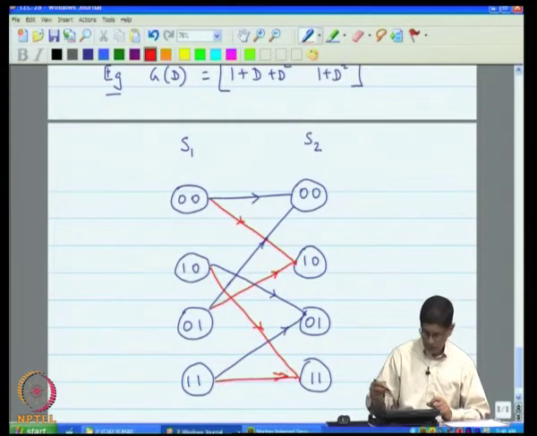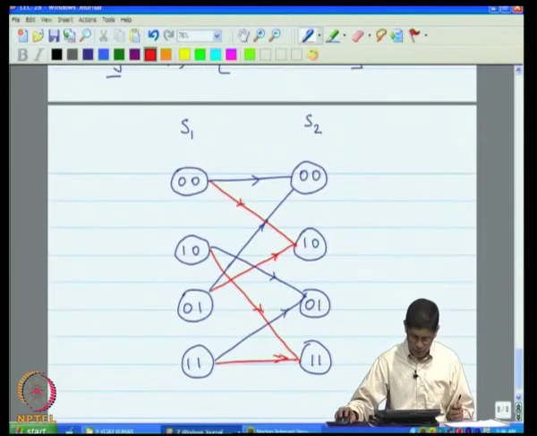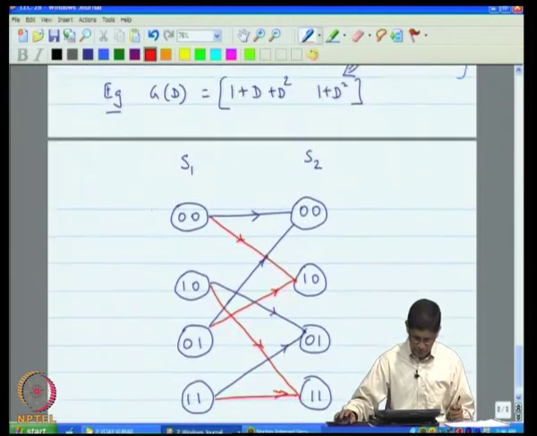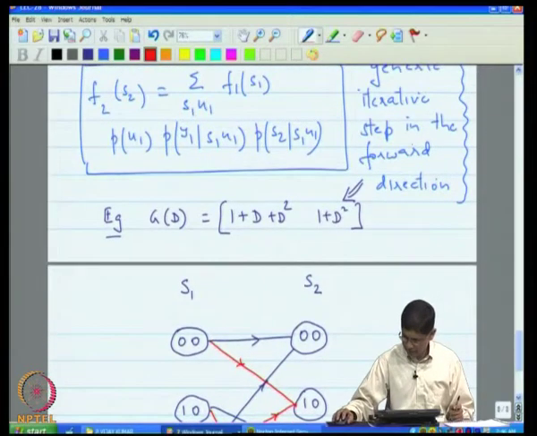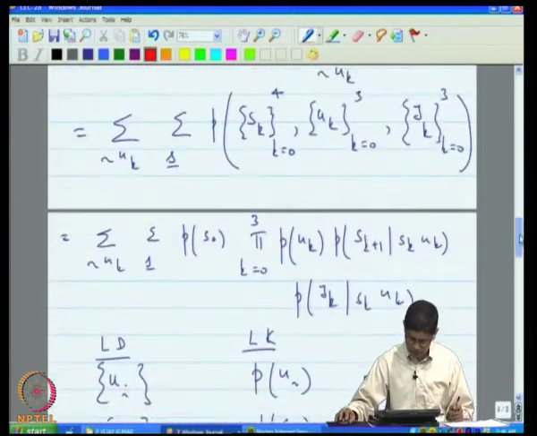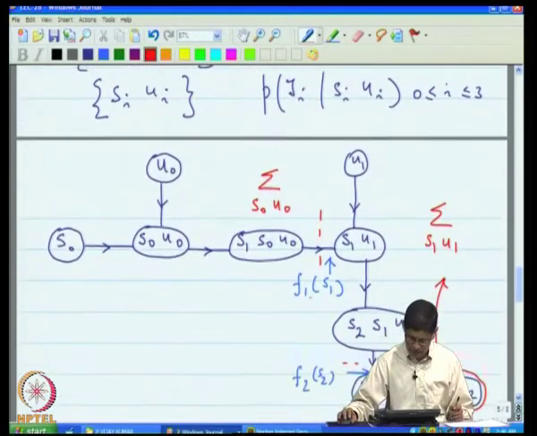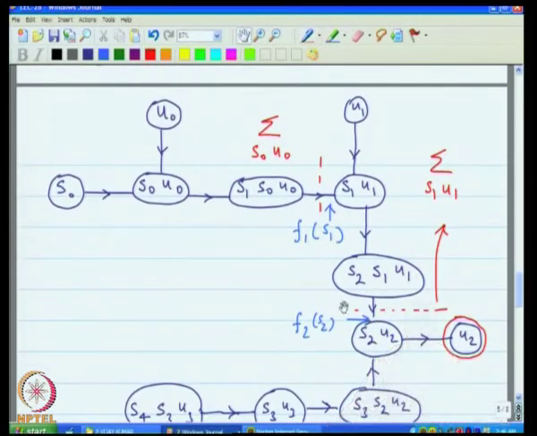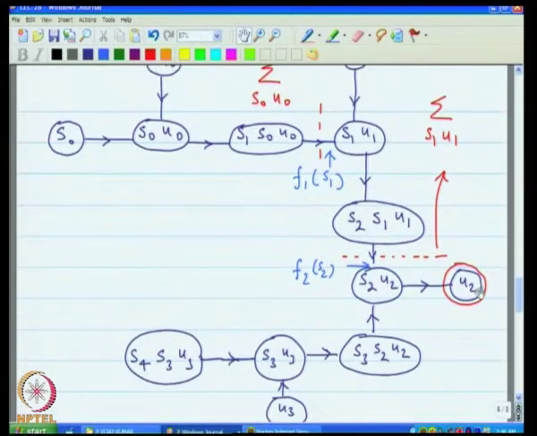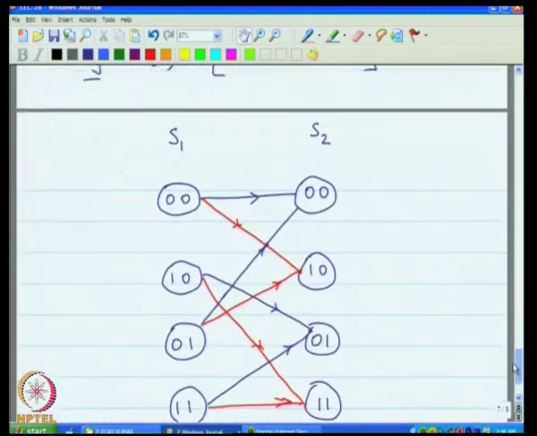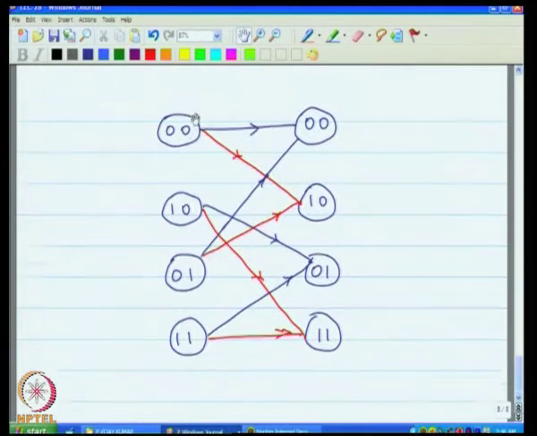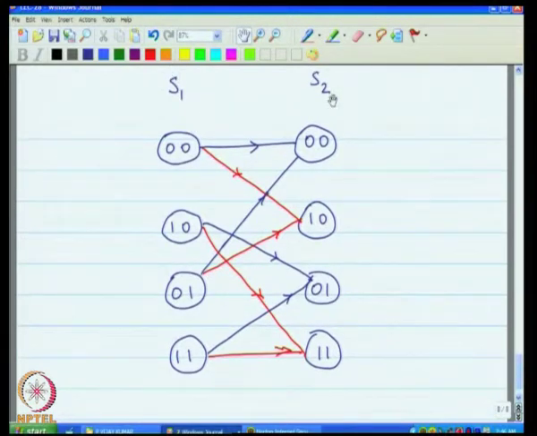Okay. So, just to keep in mind what is going on here, I want to illustrate the passing of the message computation between here and here, and it turns out that on the trellis it is equivalent to a computation that is taking you from f1 of S1 to f2 of S2.